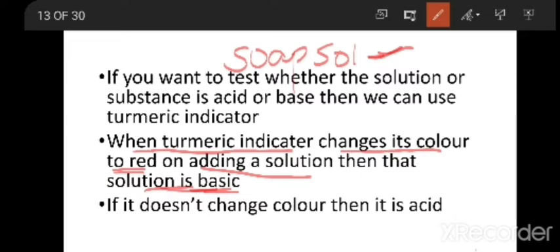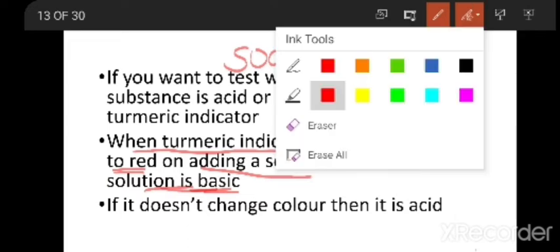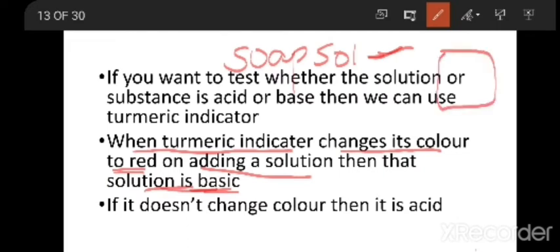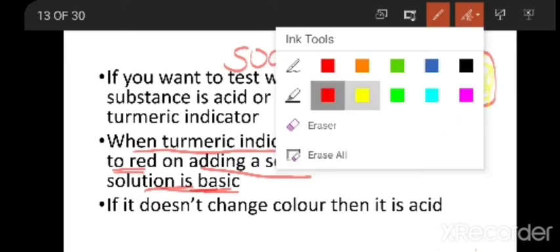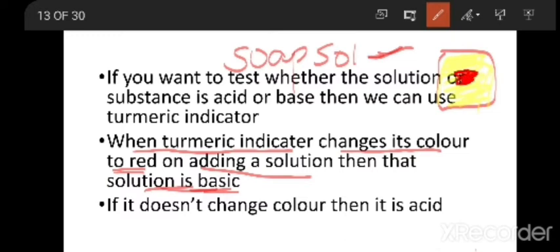Again I repeat, whenever a paper rubbed with turmeric changes into red color, if red color appears on the turmeric paper when you put any solution onto it, then this solution will be a base.